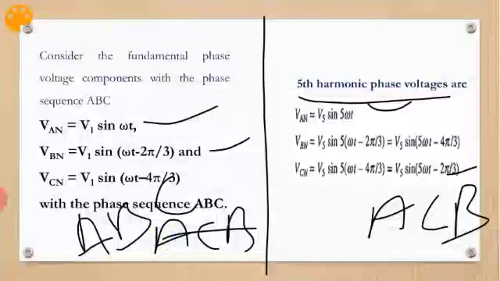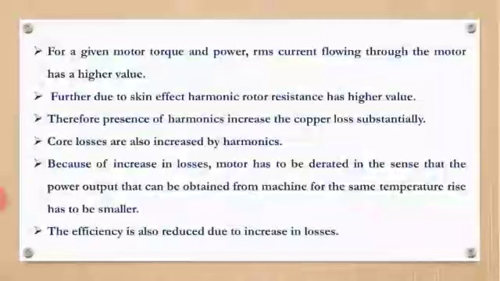Let us now conclude. For a given motor torque and power, the RMS current flowing through the motor has a higher value due to the non-sinusoidal voltage, that is, due to the harmonic effect. Due to the skin effect, harmonic rotor resistance has a higher value.